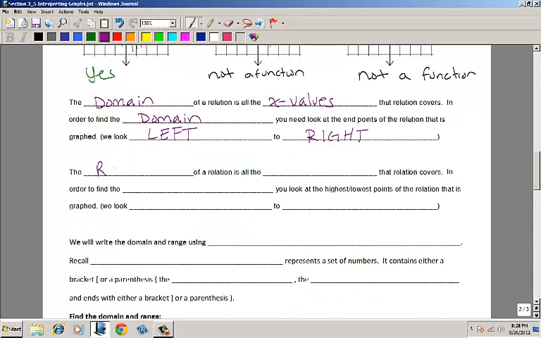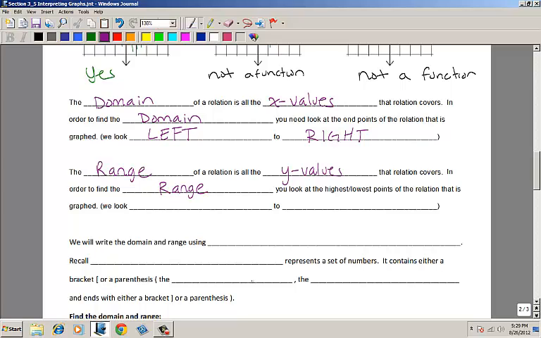The range of a relation is all the y values that relation covers. In order to find the range, you look at the highest point and the lowest point of the relation that is graphed.